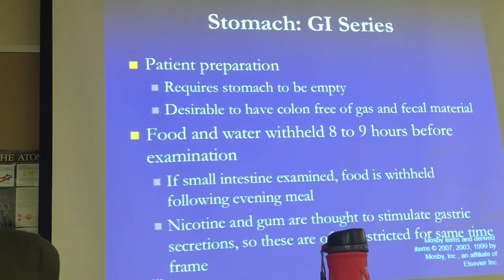We used to have 2 fluoro rooms going full blast just getting them out. Like I said, nowadays you probably see maybe 2, maybe 3 a week. You don't see them that often, once again, because there are other modalities.